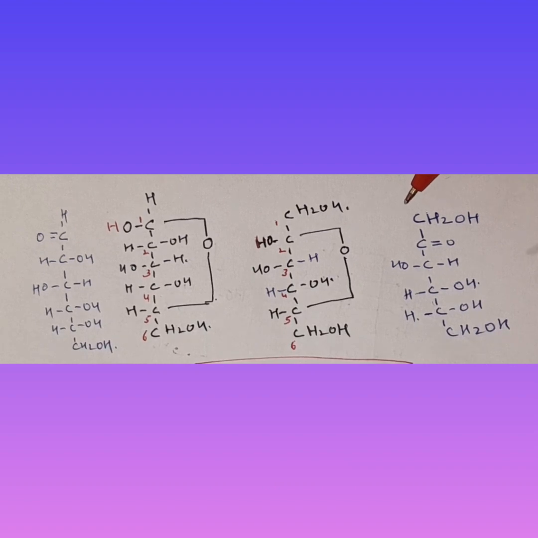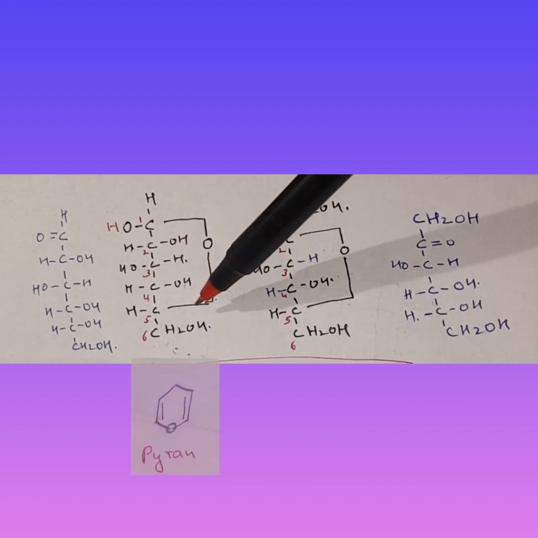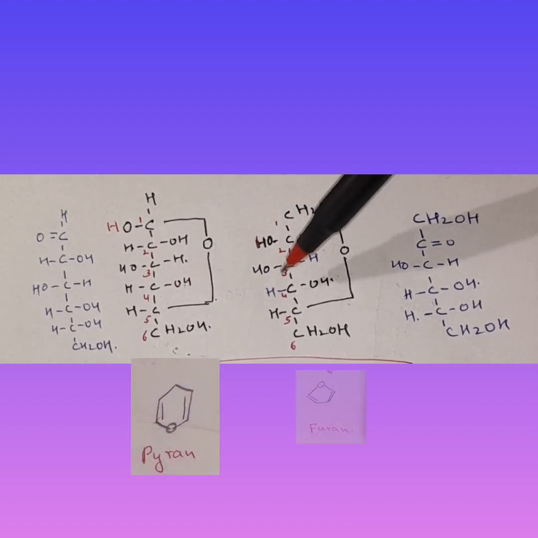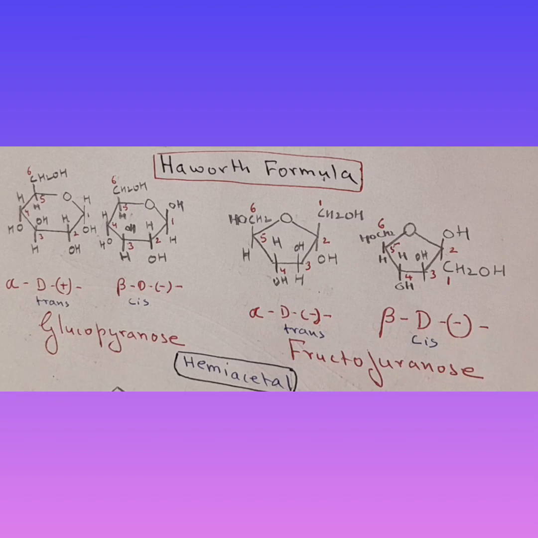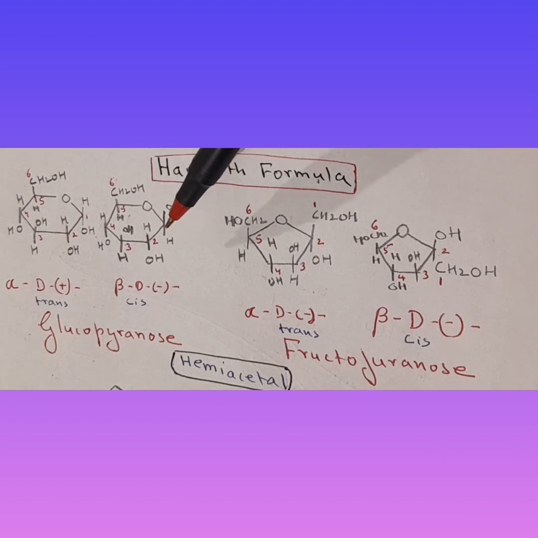In thermodynamics, it's known that cyclic structures with 5, 6 or 7-membered rings are most stable. Above or below are less stable. Owing to this, we see a 6-membered ring here and a 5-membered ring here. Okay, let's proceed ahead. These are the Haworth formulas. We will study this in detail in the incoming video.